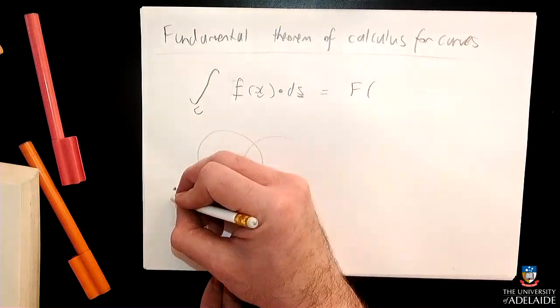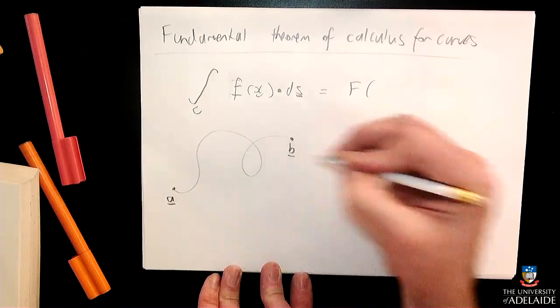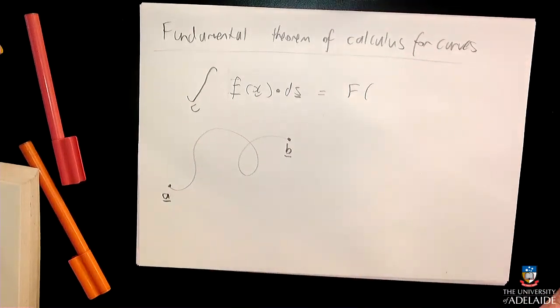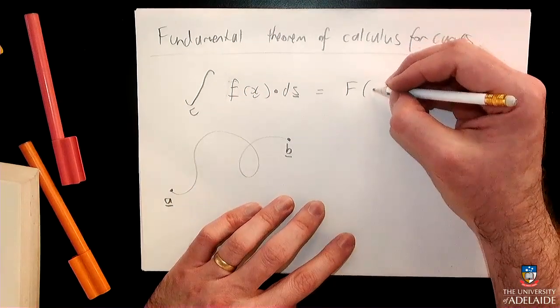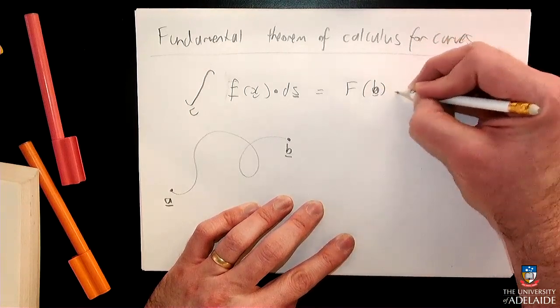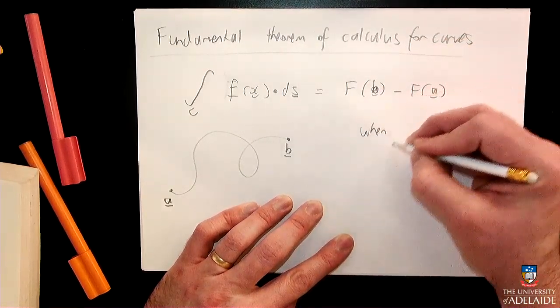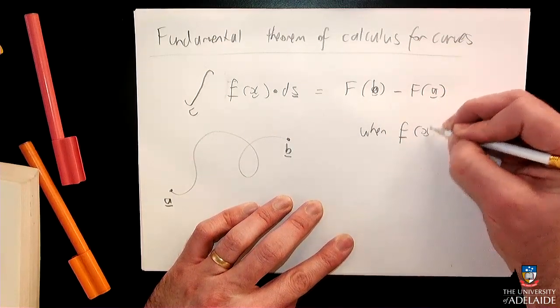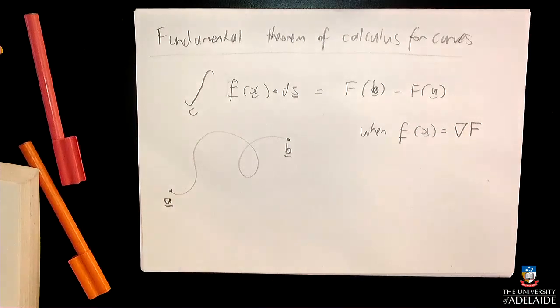My curve goes from the point A to the point B. So the integral across a curve of a vector function is F of B minus F of A when little f is the gradient of big F.